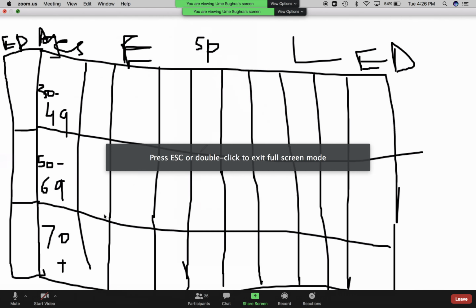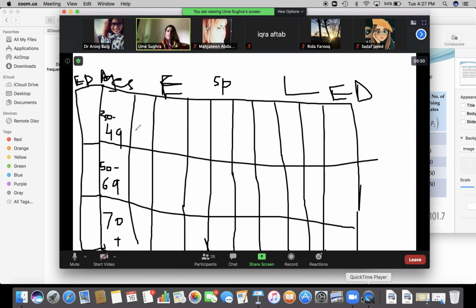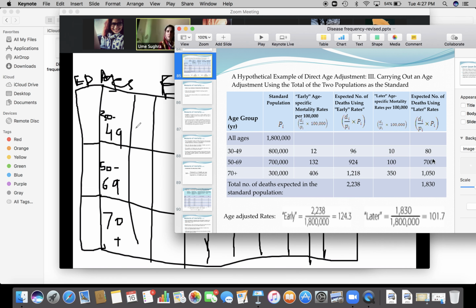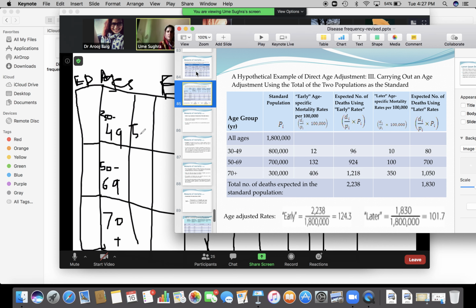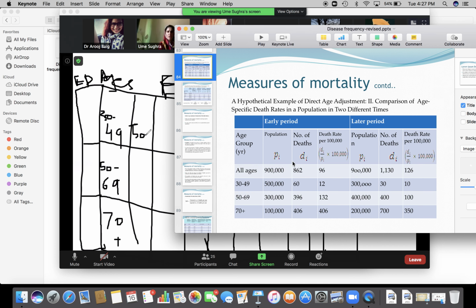Now, how do we take up here? As far as I remember, we had 500,000 for the early period, isn't it? Yes, ma'am, 500,000 for early. We had 500,000 in the early period, and I think for the later period we had 300,000 in this age group.